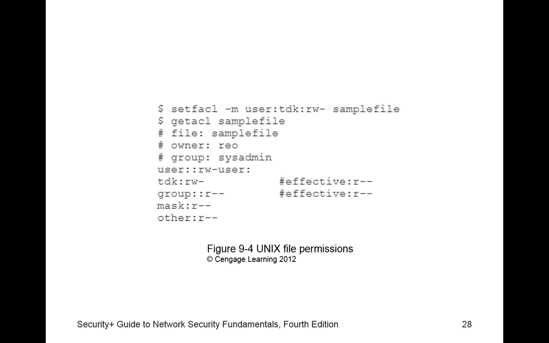Then I'm going to get the access control list to sample file. And so then I look right here and see TDK, RW is effective is only R. All right, that's Unix based.